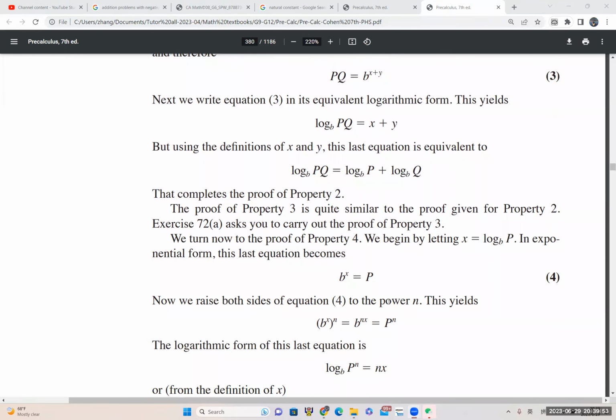Now we raise both sides to the nth power. What's this? B to the power of nX, and Y suddenly goes to n. Then P to the nth power, so we have log B of P^n equal to nX.